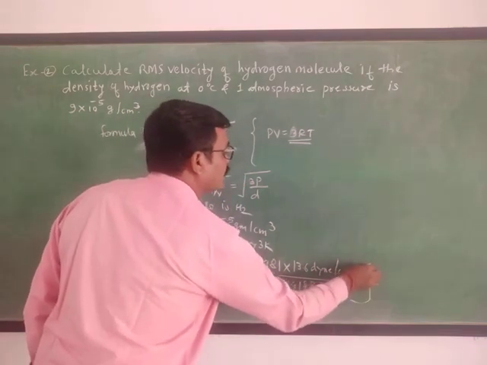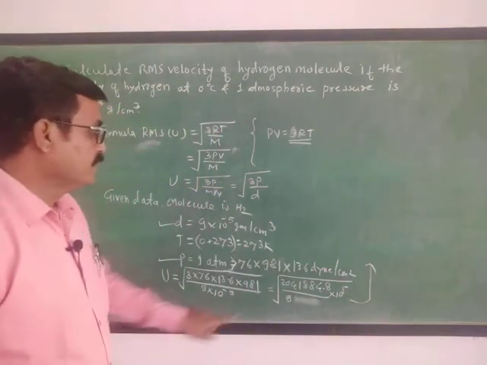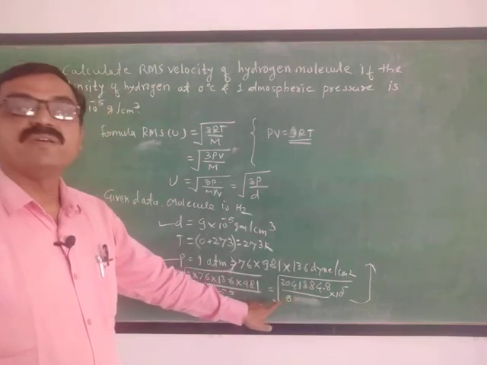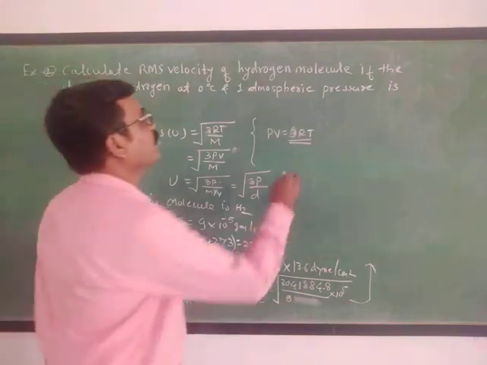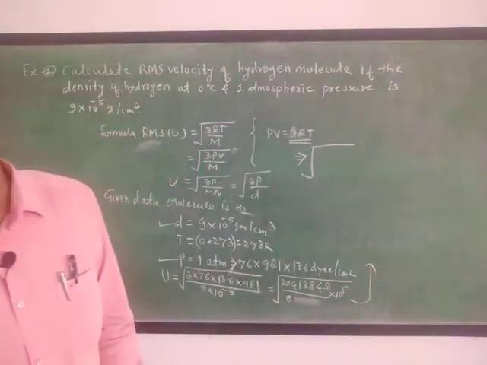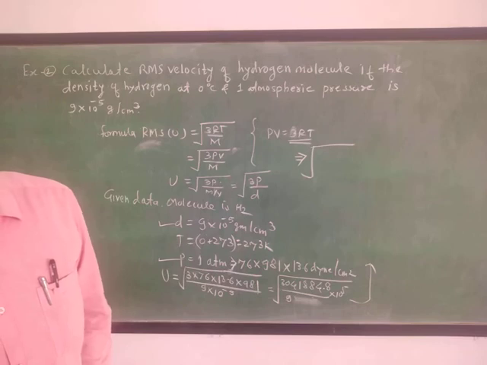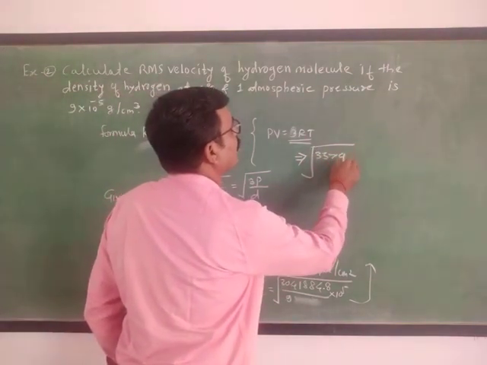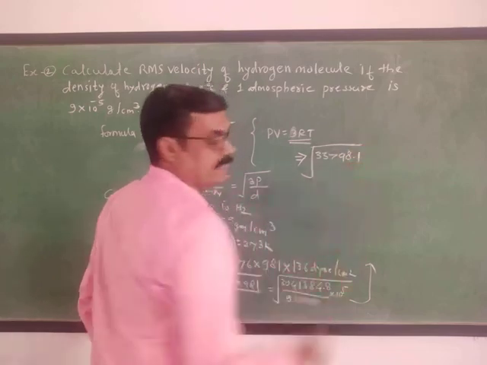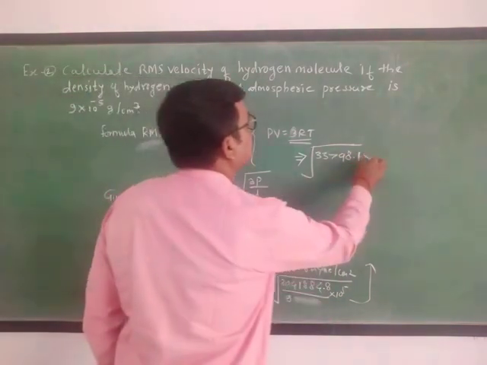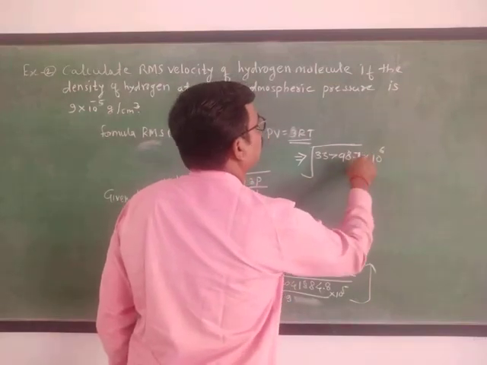Now after this, 3041884.8 divided by 9 comes out to be 337998.1 into 10 raised to power 6 after conversion.